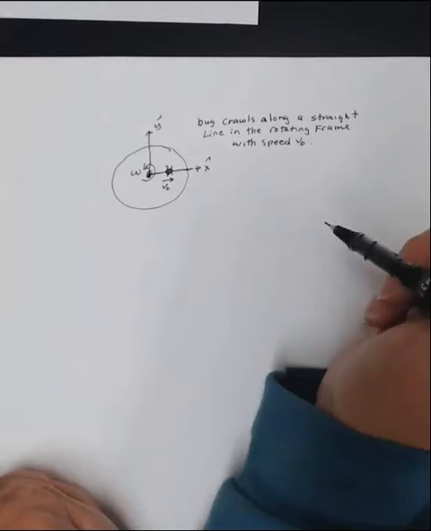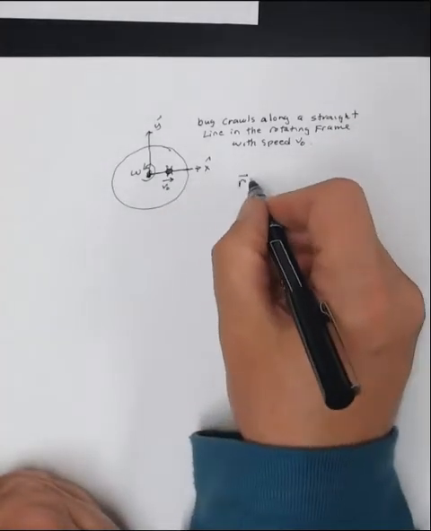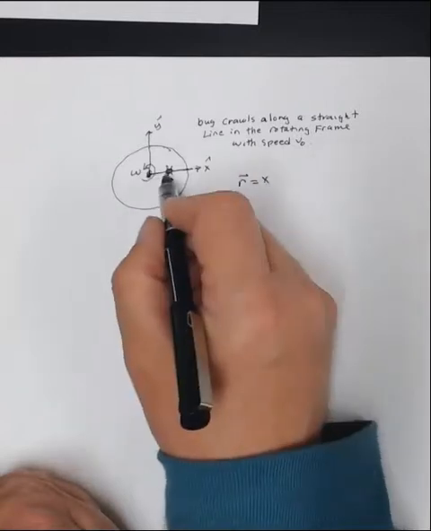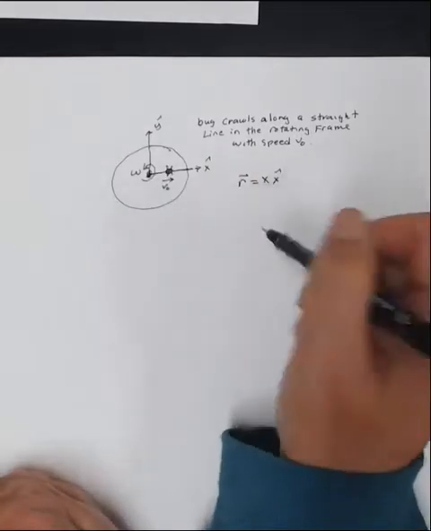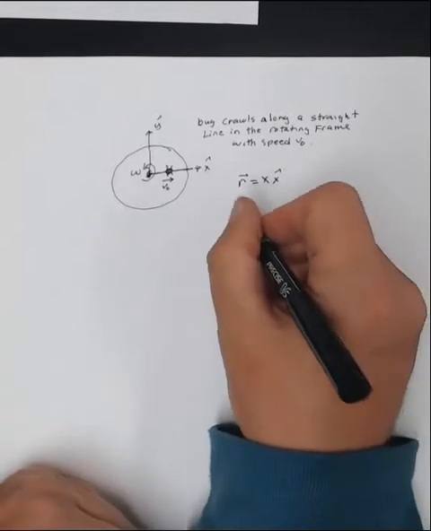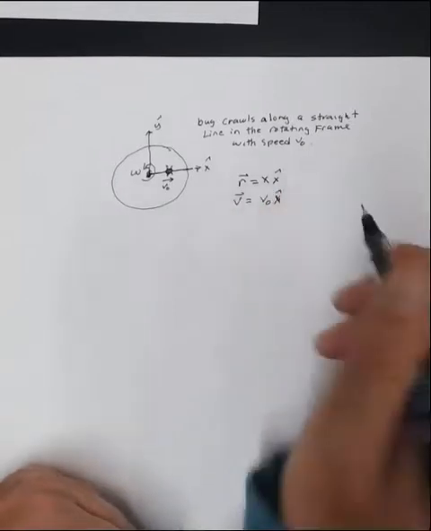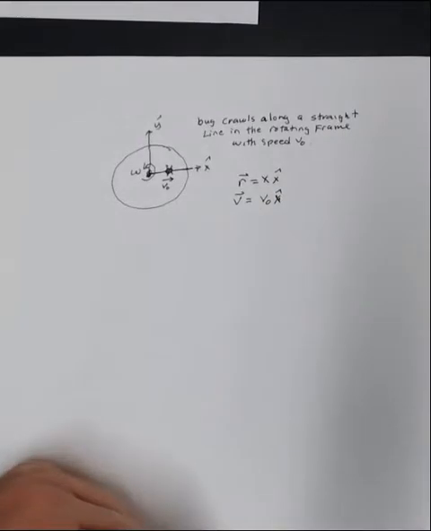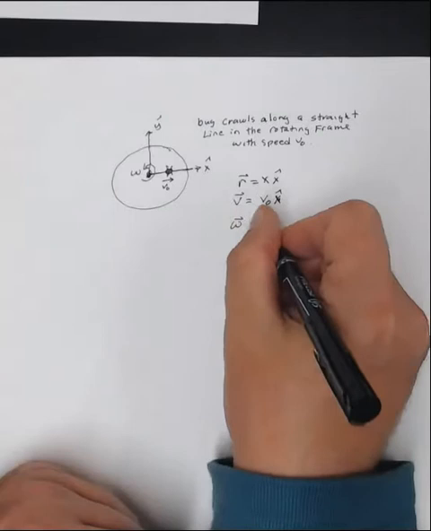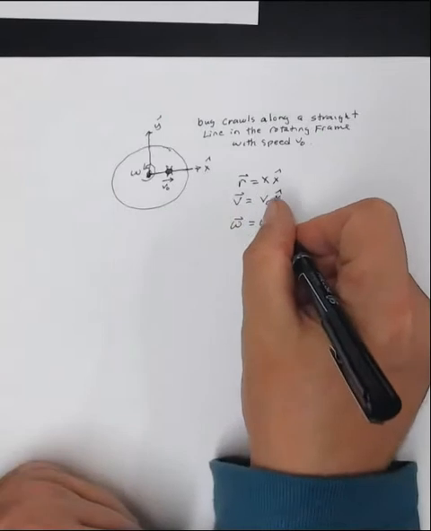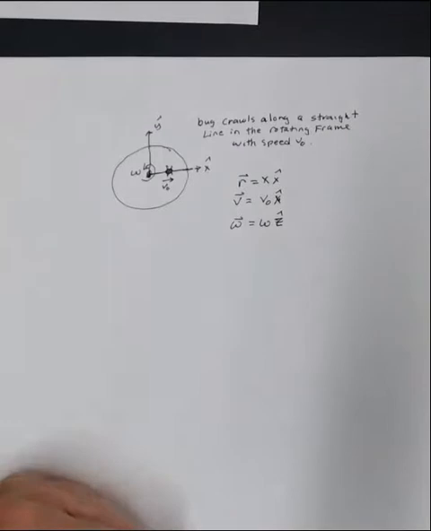At any one time the bug is at a distance x from the origin in the x hat direction in his reference frame. His velocity in his reference frame is v naught x hat. Omega is omega times z hat.